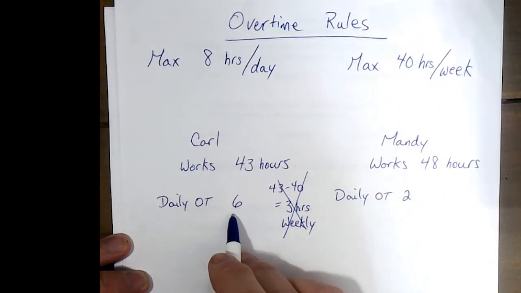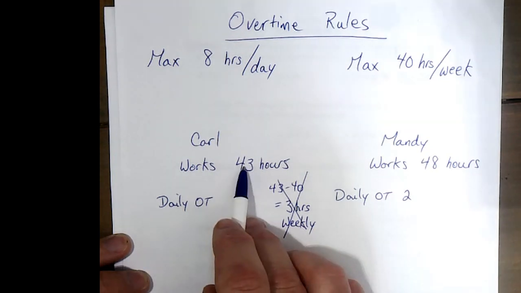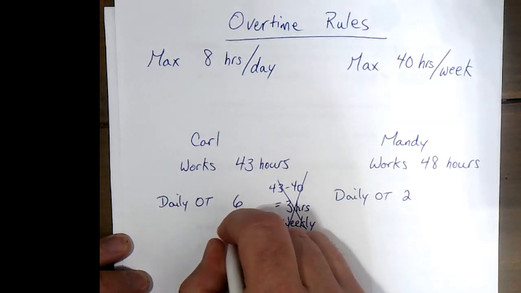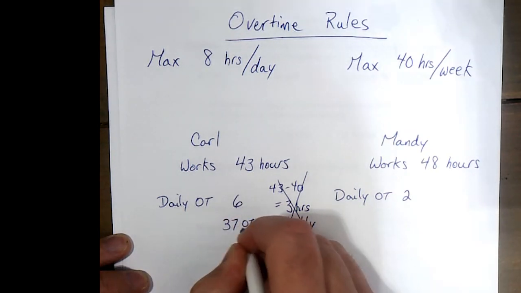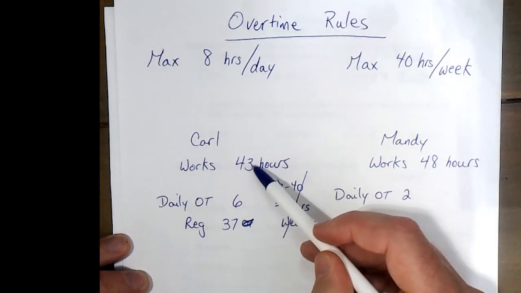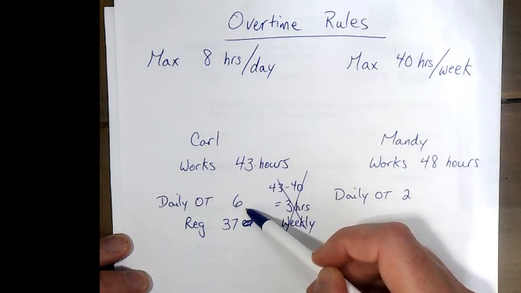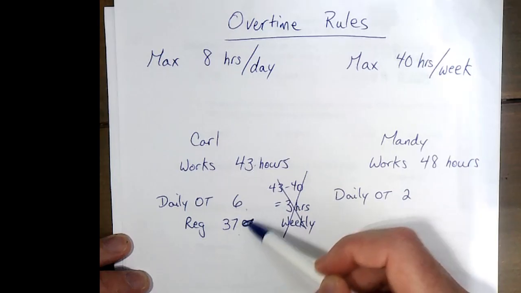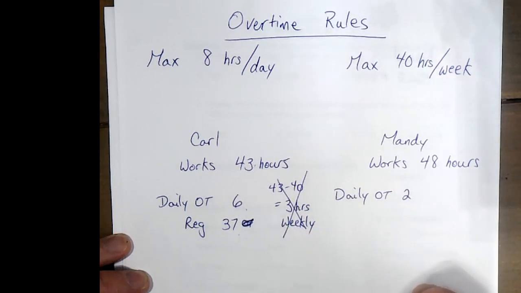We use the 6. And so what we have to do is 43 minus 6. And we split it up. So of the 43, 6 is overtime, 37 regular, and we do the math with those two numbers.